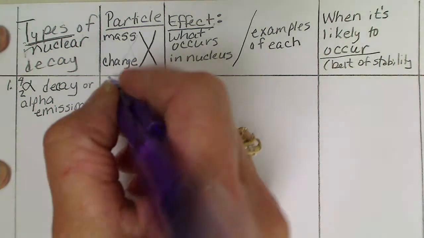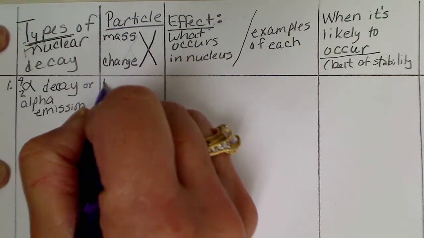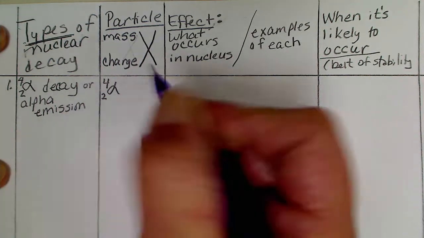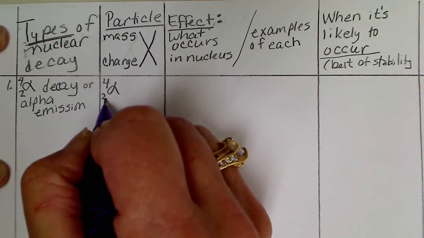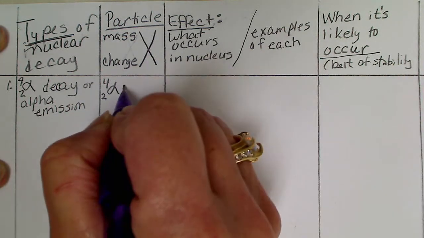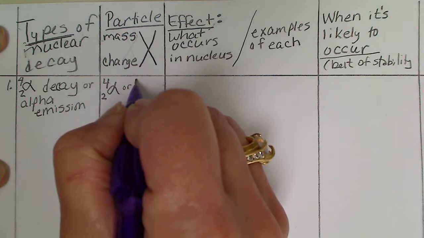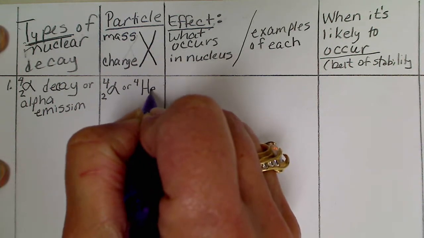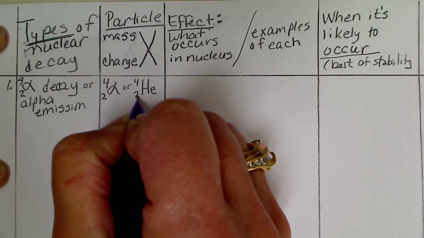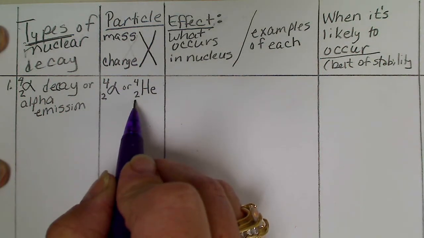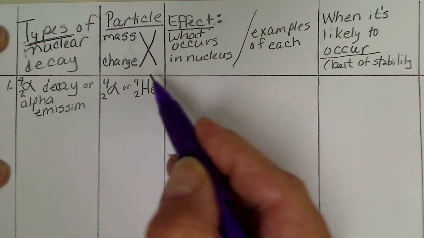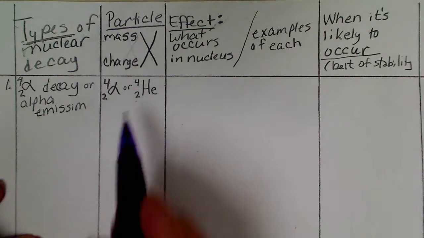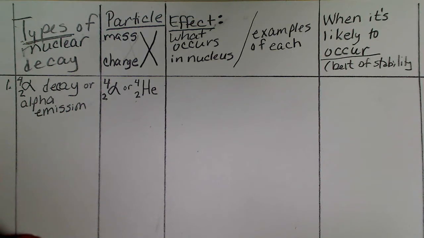So the alpha particle, I've written over there, the mass is 4 and the charge is 2 because it's 2 protons and 2 neutrons. And again, we may see that written as a helium nucleus because the nucleus of helium has 2 protons, so its charge is 2, and 2 neutrons, and the mass is 4.